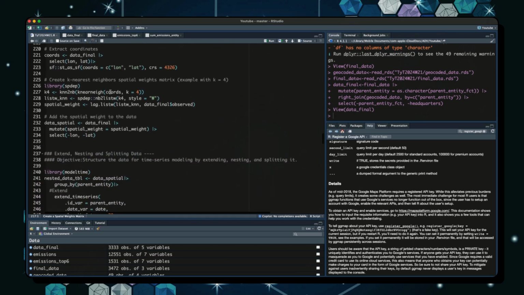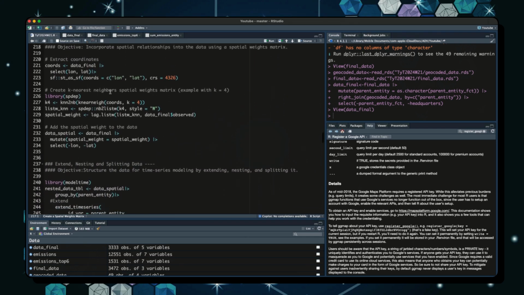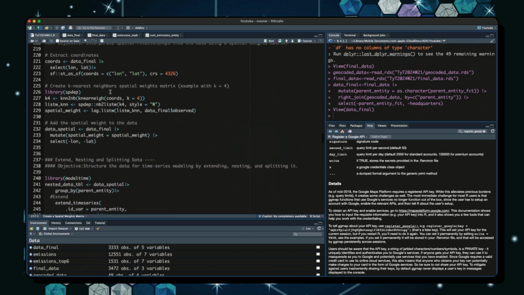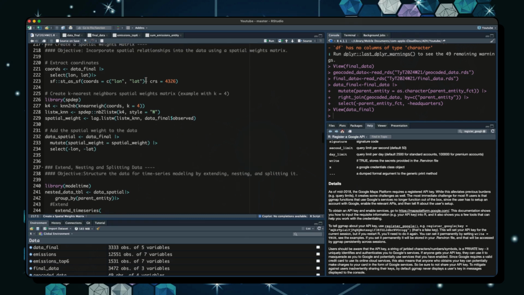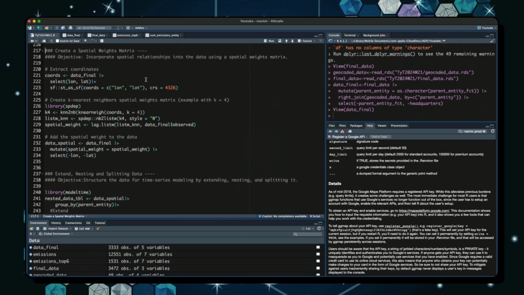So, now that we finally have a complete dataset, we need to add one last step of preprocessing our data, and it's to create a spatial weight matrix. So we need some information in our model to represent the concept of number of neighbors and/or distance between points.